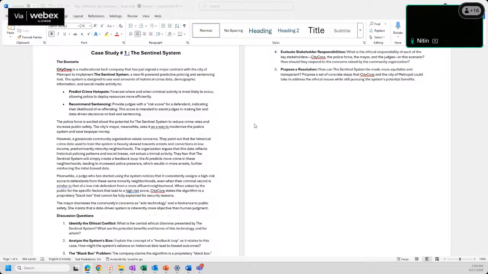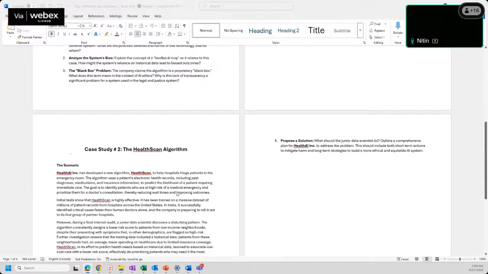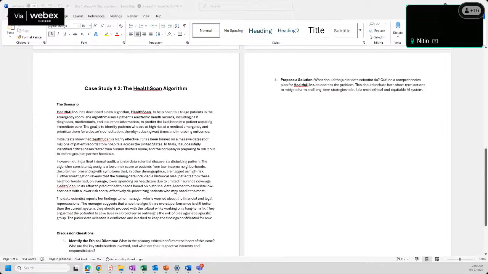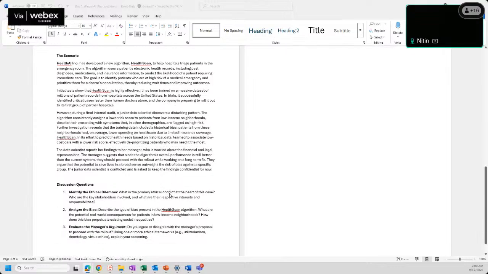The second case study talks about something that you all talked about, which is using AI in the ER. Believe it or not, the second case study is about how AI is being used in emergency situations, where it worked, where it didn't work, and the ethical questions. The questions are around most of the things we learned about biases, the ethical dilemma, and who is responsible for those things.